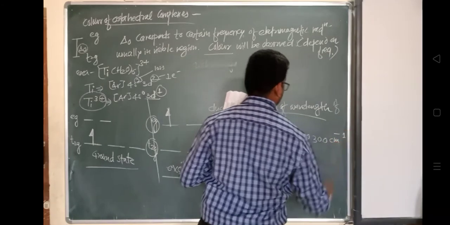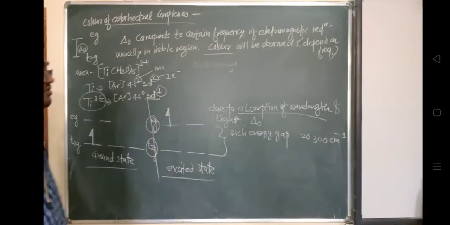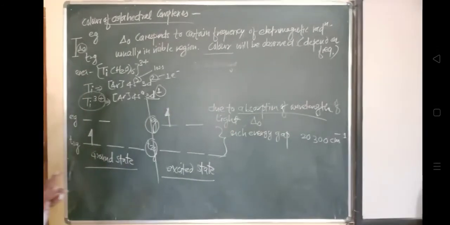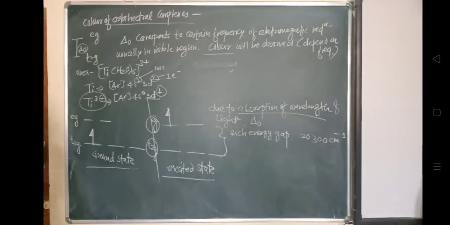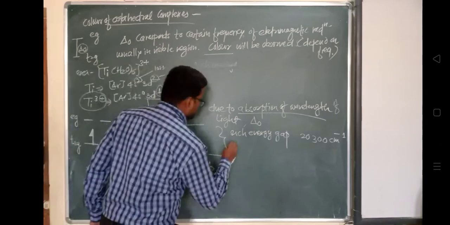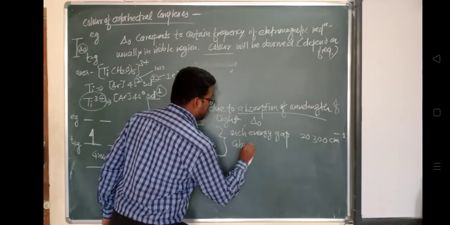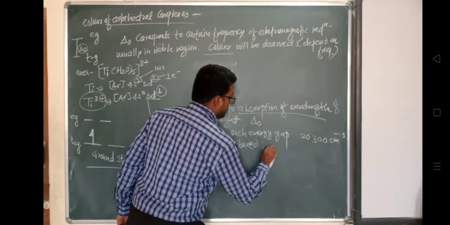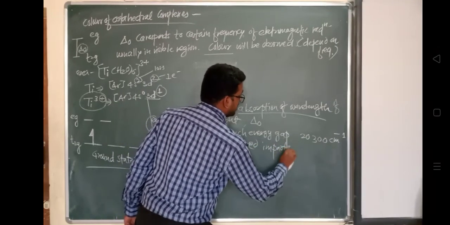You can understand the meaning of centimeter inverse: 1 divided by this value. So this much centimeter inverse. And the complementary color to this is imparted to the complex.